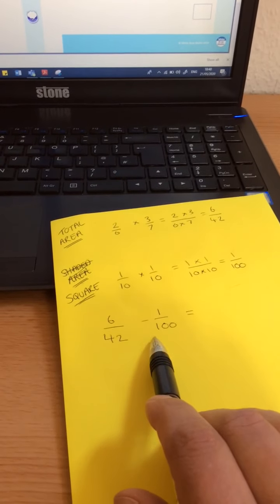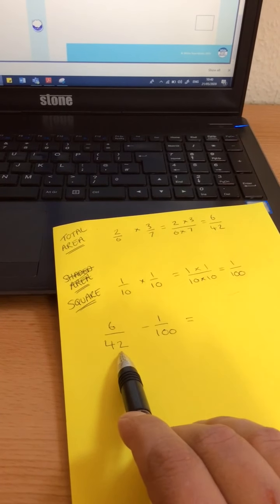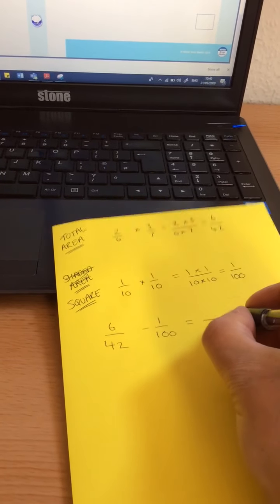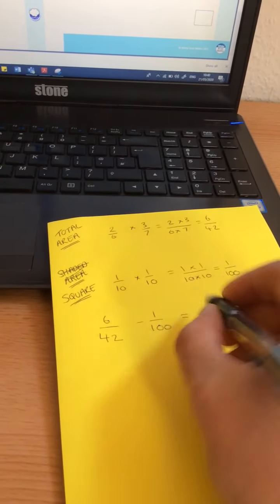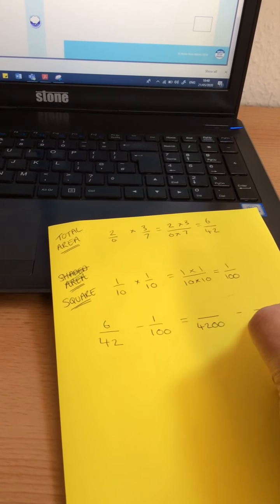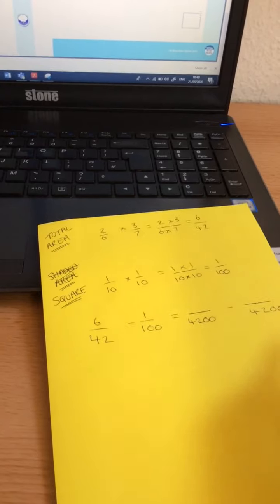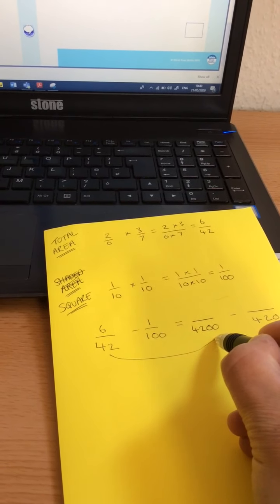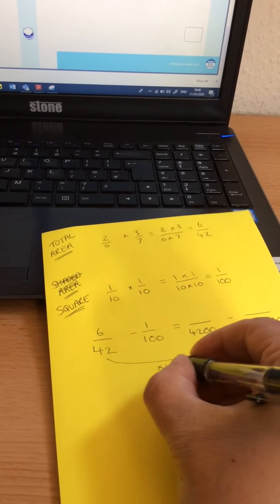Now the trick here is, if I multiply 42 and 100 together, it will give me a common denominator. And if I do that, it will give me the answer of 4,200. Okay, so let's go from there. How do I get from 42 to 4,200? I times by 100.